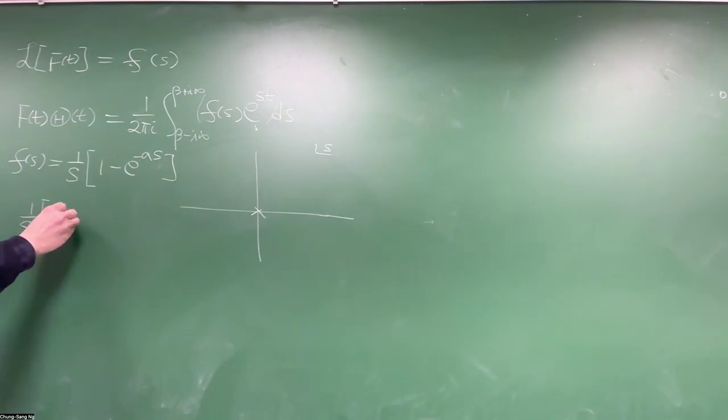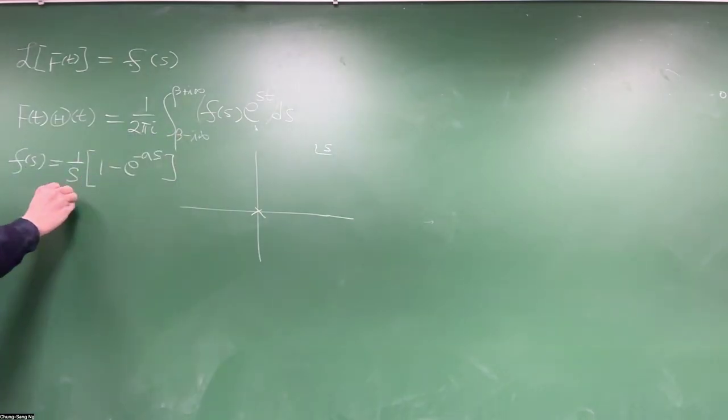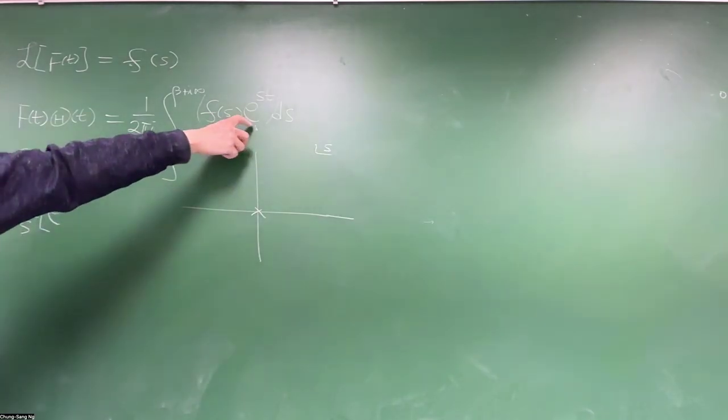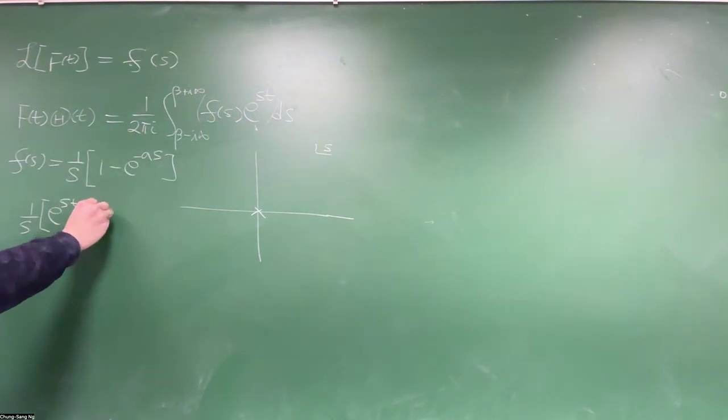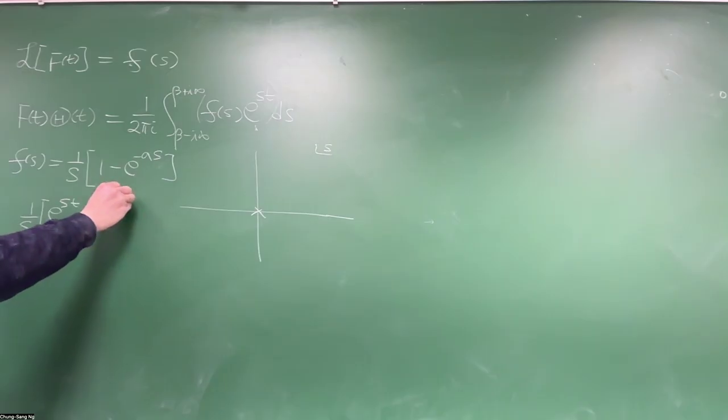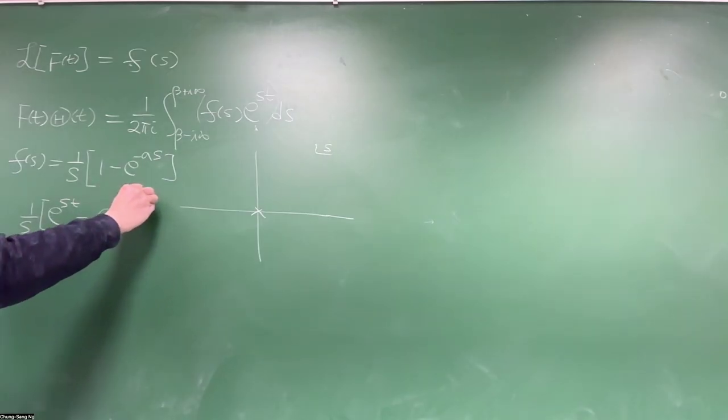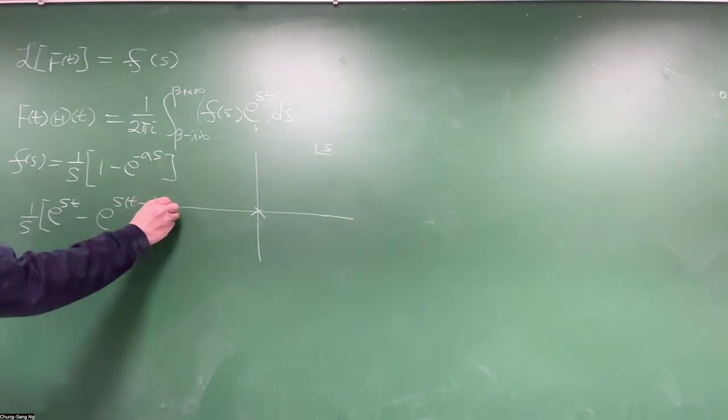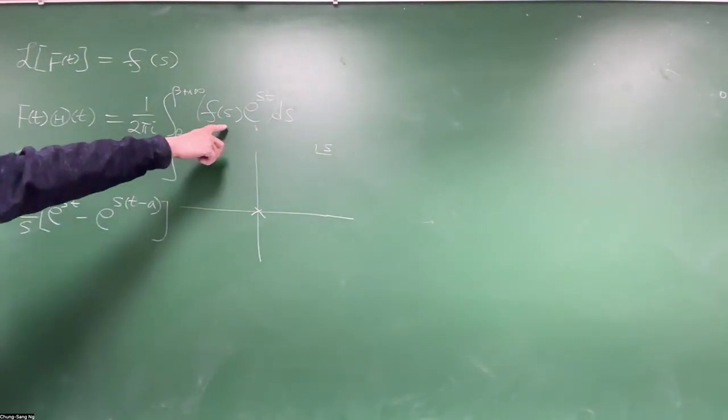You separate it into two terms. One is just the original exponential e^(st). The other is a little more complicated. It's e^(st) times e^(−as). Okay, so this is the integrand.